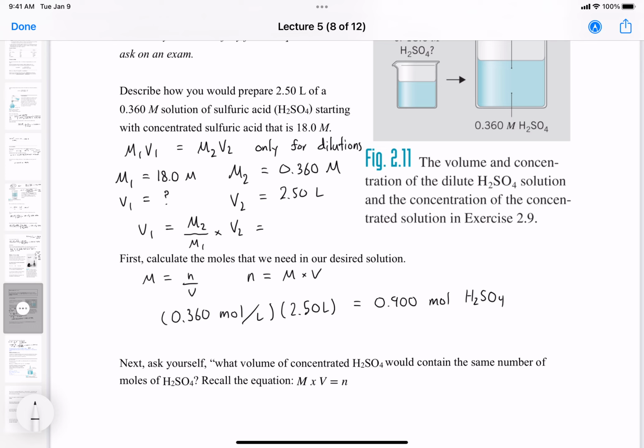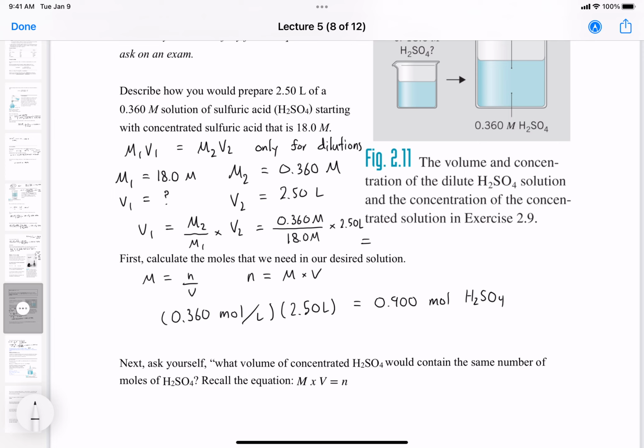All right. So M2 here, 0.360 molar divided by 18.0 molar times 2.50 liters. If we set that equal, we get essentially what we had before, what we did down below in the stepwise calculations.